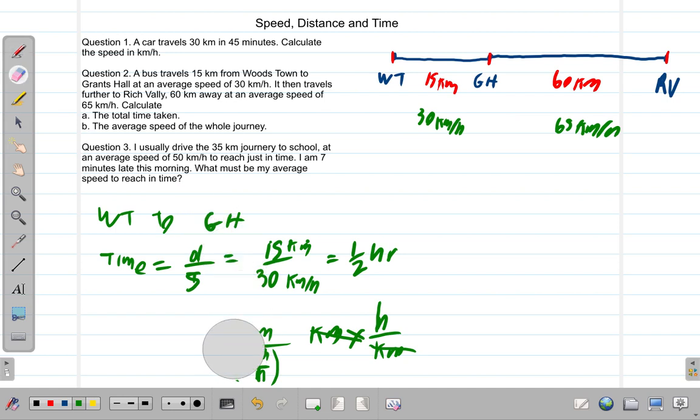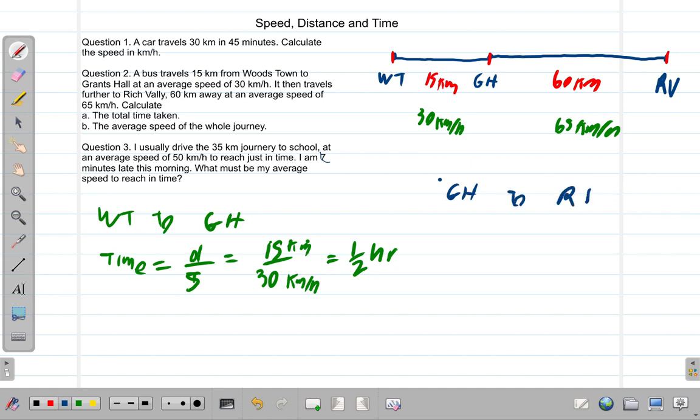Now let's erase this part here, and let's calculate the time from Grants Hall to Rich Valley. Time is going to be distance over speed, which is 60 divided by 65.